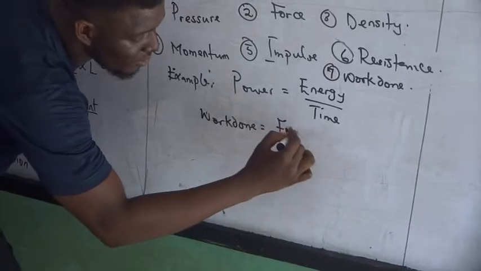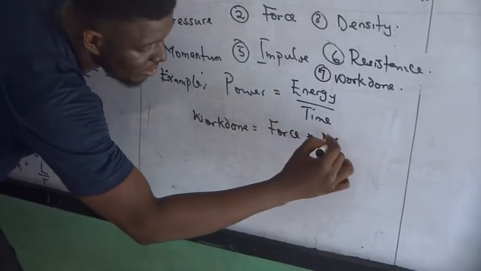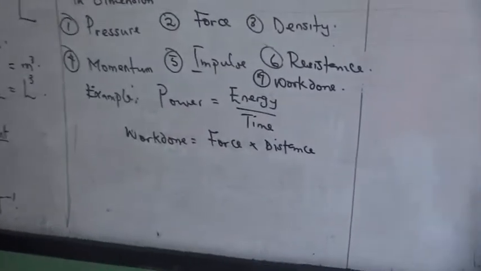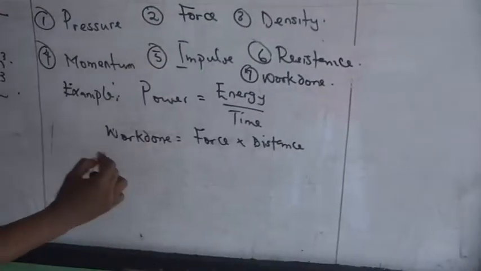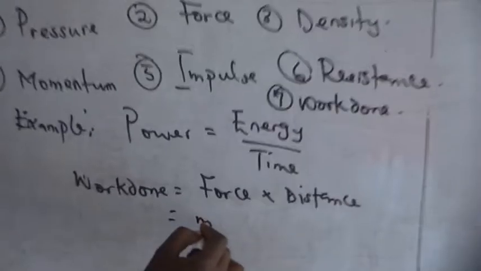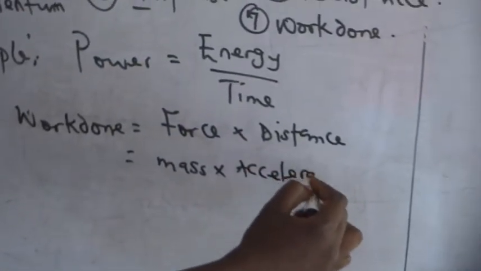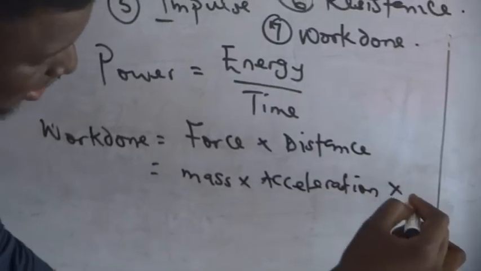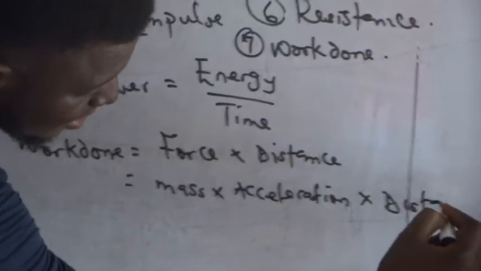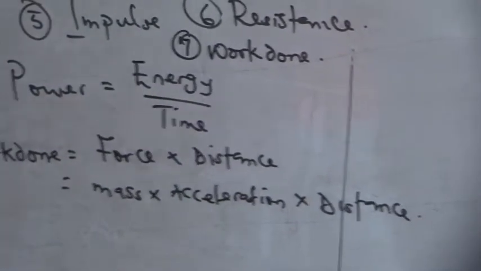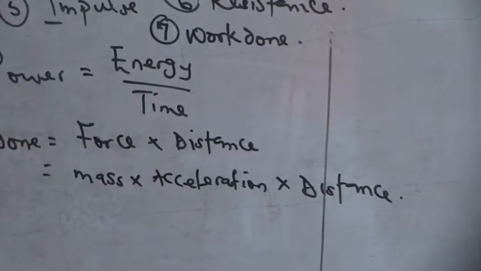Let me write it in full. Now, we have force times distance to be our work done. Our force is what? Mass times acceleration, times distance. Now, let us break it down. We have the basic units of mass, acceleration and distance.